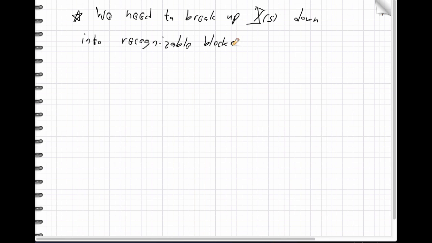Now you already have recognizable blocks. For example, 3 over s minus 5 is the same as 3e to the 5t, if I take the Laplace inverse. All right, so that's an example.